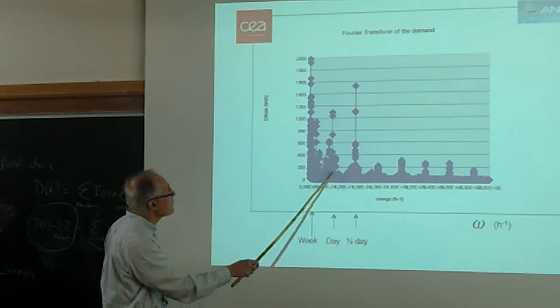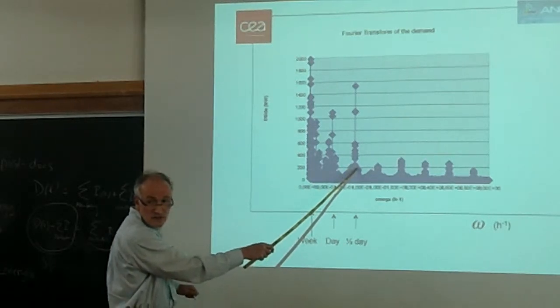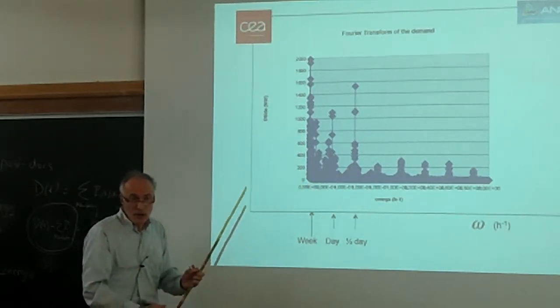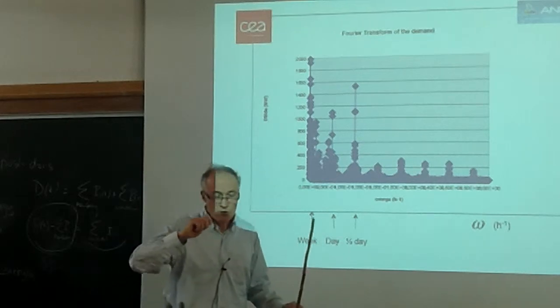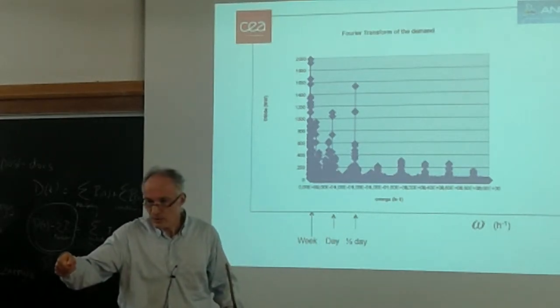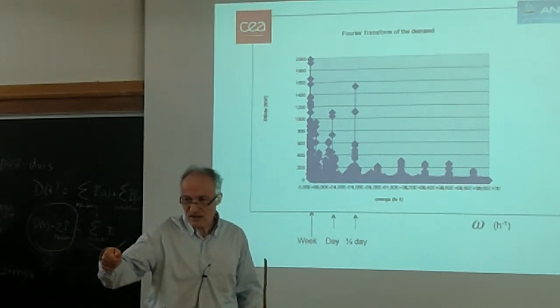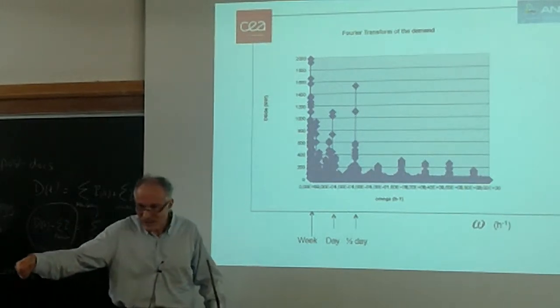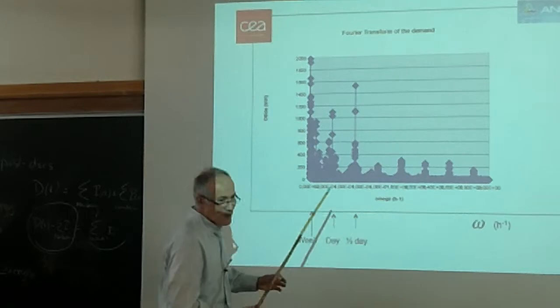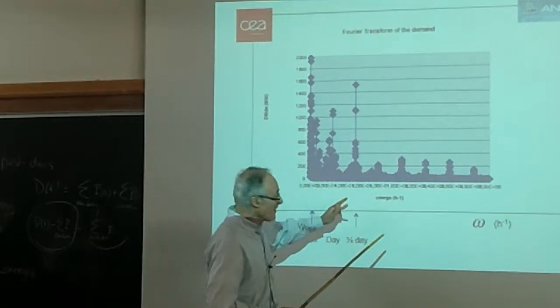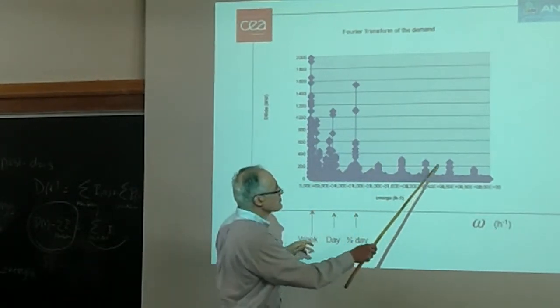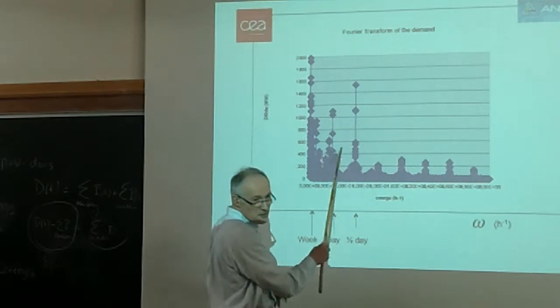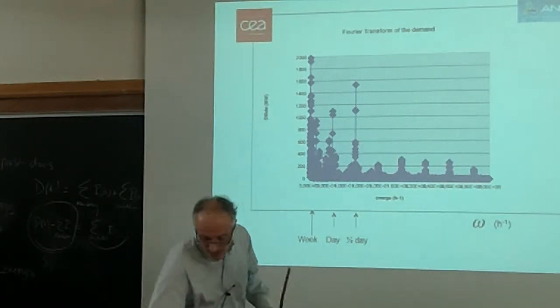The semi-diurnal frequency peak is even higher than the diurnal one, simply because probably you switch on your grill bread at 8 o'clock in the morning, and you switch on your TV at 8 o'clock in the evening. And you also observe harmonics of these two frequencies at higher frequency.